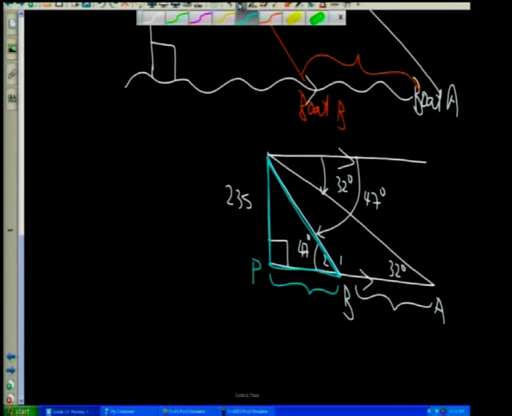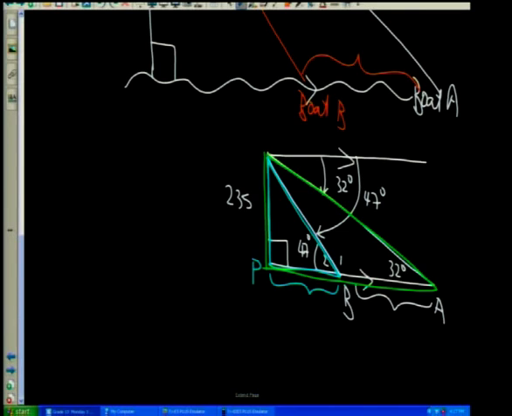At the same time, if I wanted to find the whole length AP, I could work it out in the green triangle. Does that help me find that white length AB?